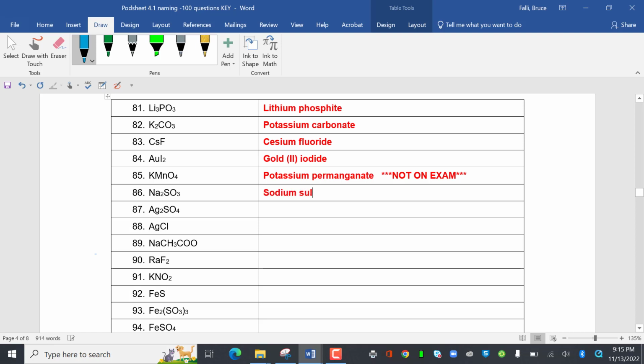Sodium sulfite, silver, no Roman numeral, sulfate, silver chloride, silver sodium acetate. Remember, acetate has 2 ways to be written.